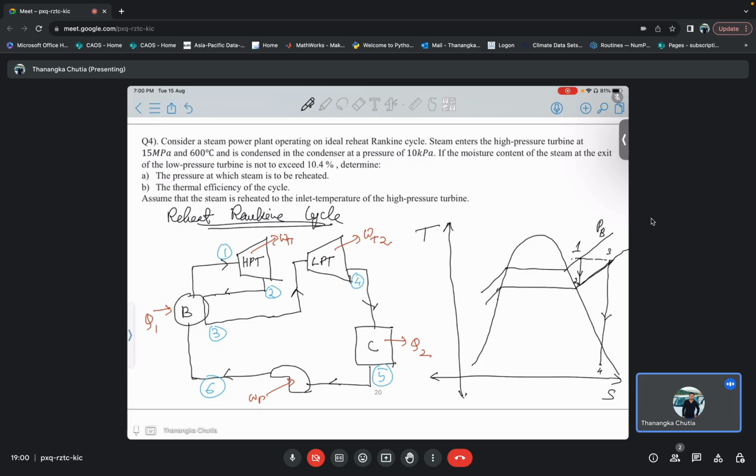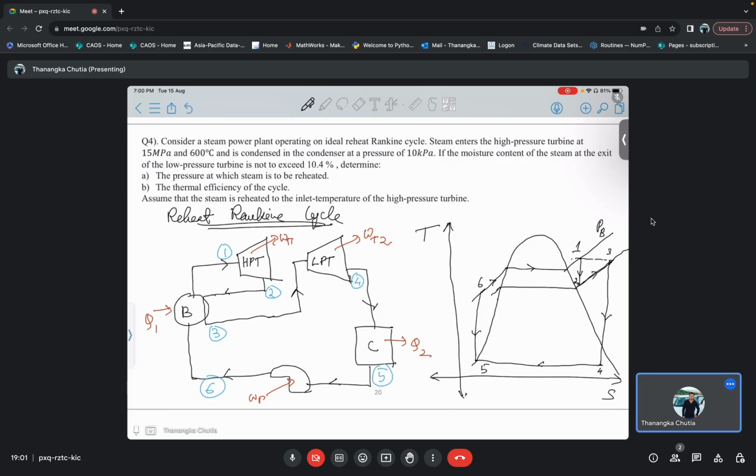Suppose this is my point 4, and then this is point 5, and from point 5 to this is my point 6. Okay, is it clear? This is how your reheat cycle will work.